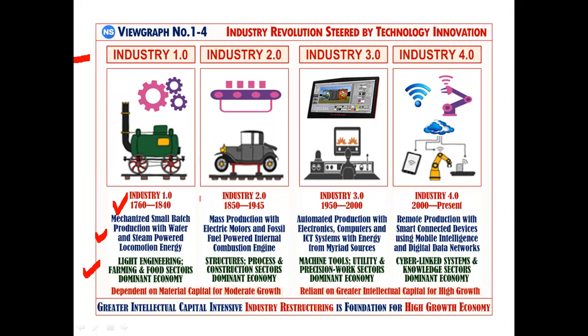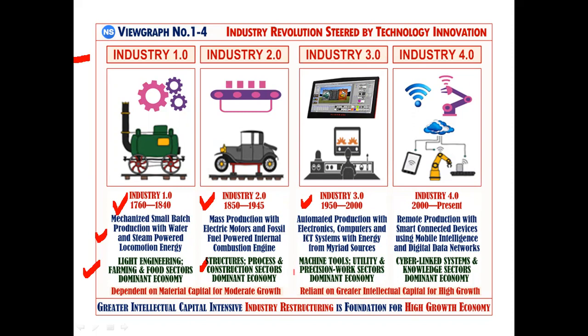But let's look at Industry 2.0, 1850 to 1945, mass production with electric motors and fossil fuel powered internal combustion engine. And the type of industries, structures, process and construction sector dominant economy. Industrial Revolution 3.0, from 1950 to 2000, automated production with electronics, computers, and ICT systems with energy from mixed solutions.